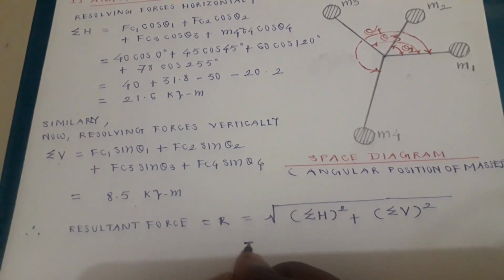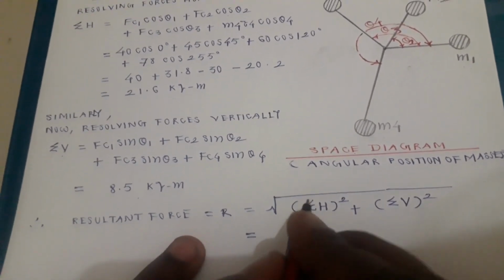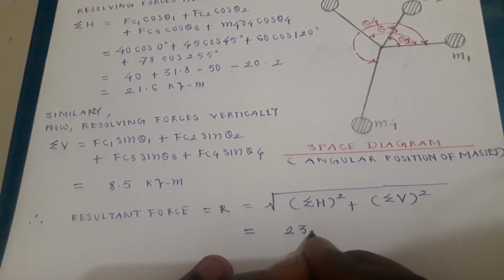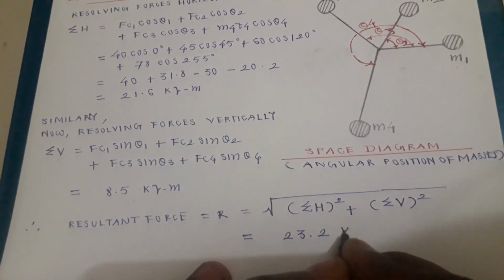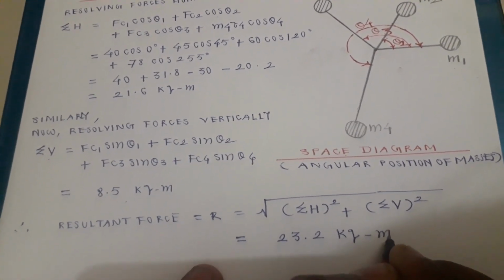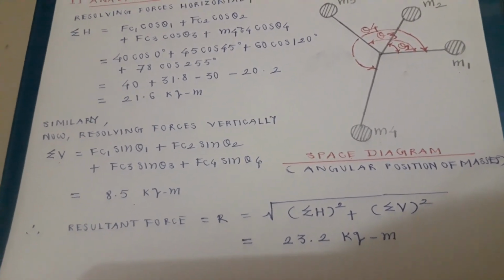So if you calculate it, you will get the value for the resultant force. So we will get it 23.2 kg meter. So this is the magnitude of the resultant force.